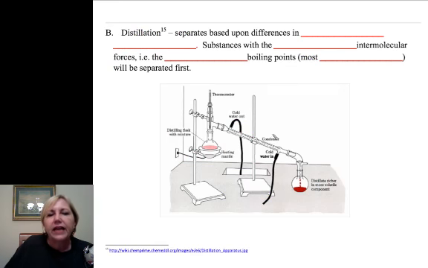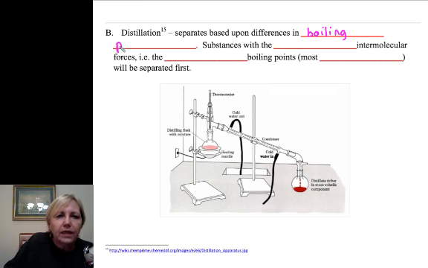All right, and the last one is much simpler than the chromatography. Distillation separates based on differences in boiling points. Substances with the weakest intermolecular forces, i.e., those are the ones with the lowest boiling points, right?